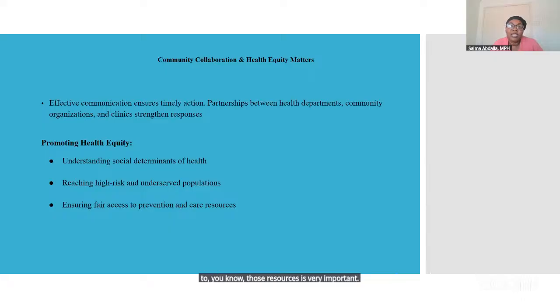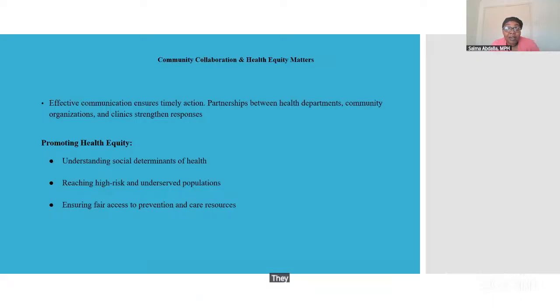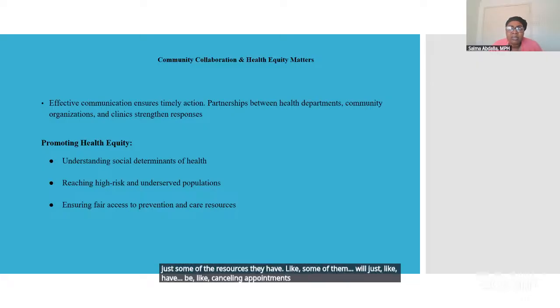And a lot of times I also notice some people don't even know the resources that they have. A lot of times I find some of my clients not even knowing some of the resources they have. Some of them will be canceling appointments, like doctor appointments. And I'm just like, why are you canceling appointments? You can call your insurance and see if you can have access to transportation to take you to provider appointments.